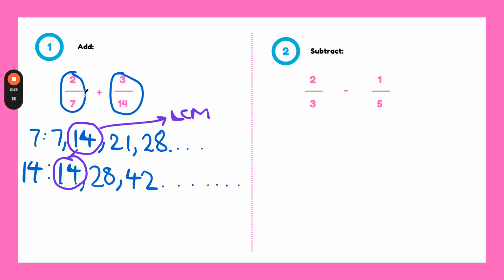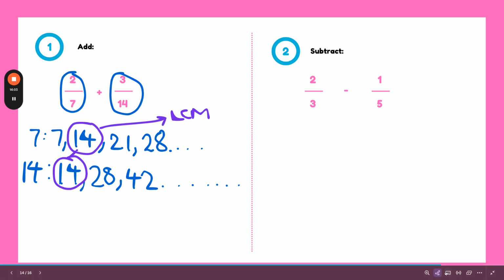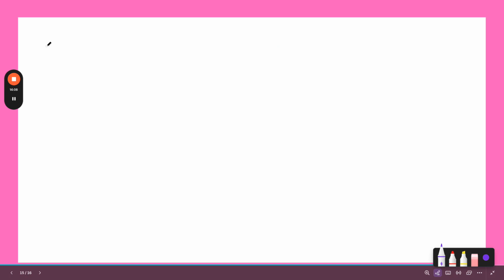We can convert each of the fractions into fractions that have denominator of 14. So if we go onto a new slide to work this question out, our original sum was 2 over 7 add 3 over 14, and our LCM, just so you remember, was 14.